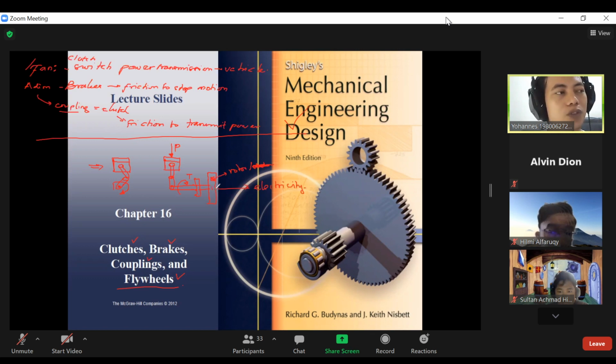The function is to generate electricity for the vehicle. But actually, this component has another important purpose. Generating this electricity is just the side effect, just another benefit from this component. It is the flywheel, or roda gila. Why do we put a flywheel here?